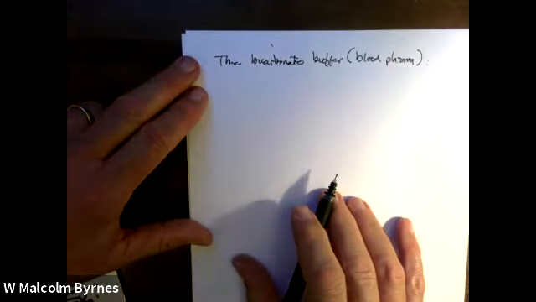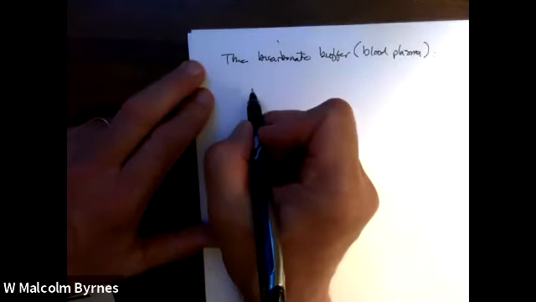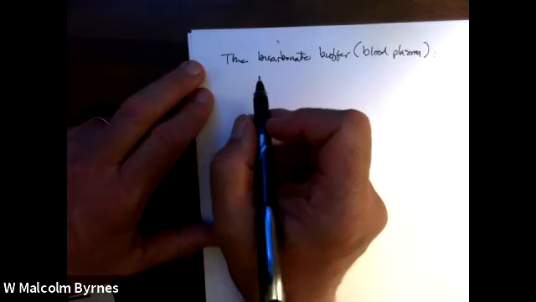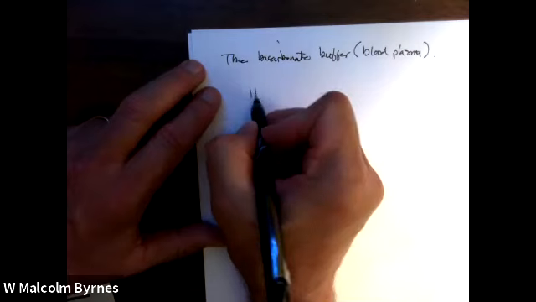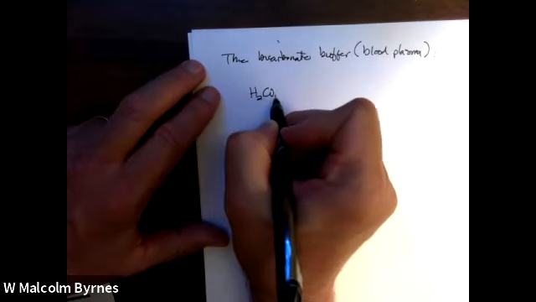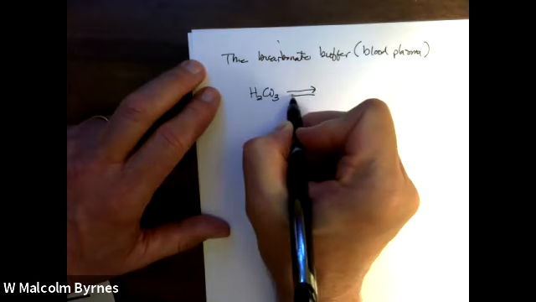So what's going on there? There's an equilibrium that's involved and is the backbone of that buffer. And that is the equilibrium for the ionization of carbonic acid.